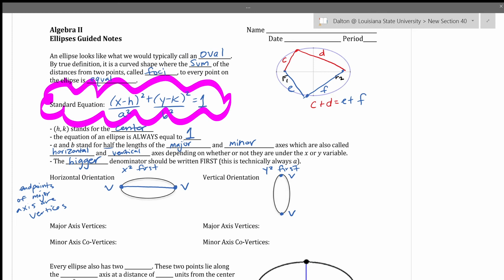Algebraically, what you're going to do is, if you take your center point (h, k) in the horizontal direction, if we stretch, major axis is always our bigger number, which is always going to be dealing with a. Minor axis is the smaller number, which means it's going to be dealing with b. Then that means our major axis, or the vertices, are found by doing h plus or minus a, comma, k.